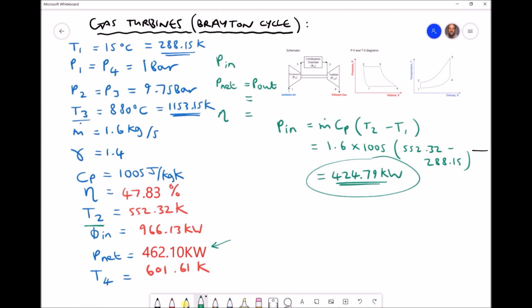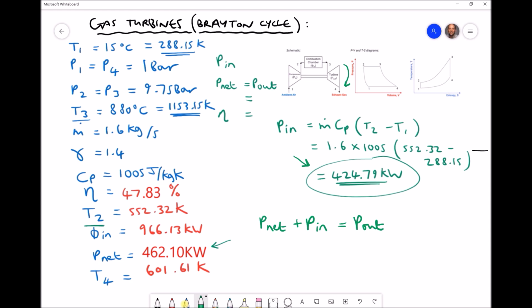So in the previous example, we had our net power output of 426.10 kilowatts, and the power that was required to run the compressor was our 424.79 kilowatts. Now in this instance, all of the power output from our turbine is going to be used to power our electrical generator or similar. So what we can do is add the original net power, P net, and the power required to power our compressor in order to get the power output from our turbine.